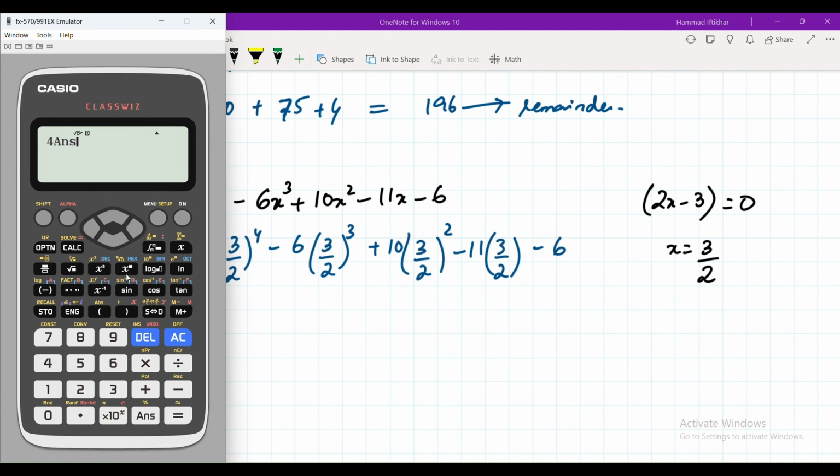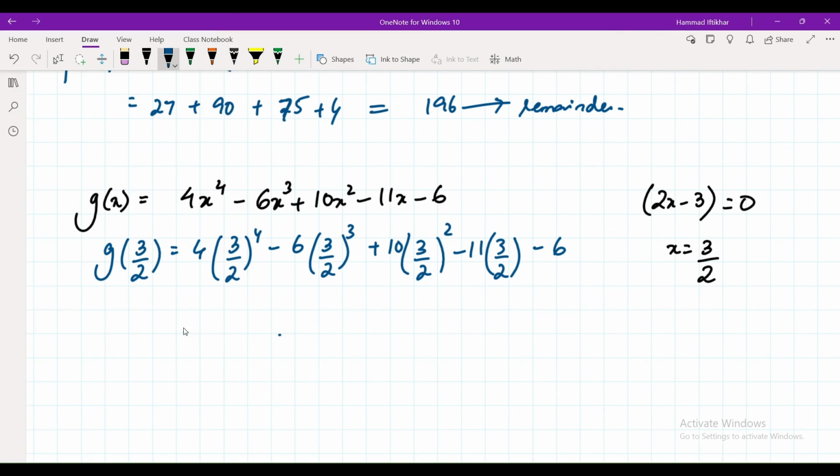Then 4 times answer to the power 4 minus 6 answer cubed plus 10 answer squared minus 11 times answer minus 6. We get 0. So that means that 2x minus 3 is a factor.